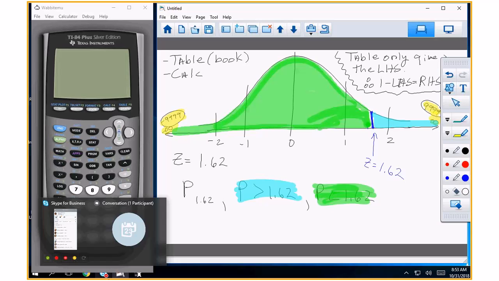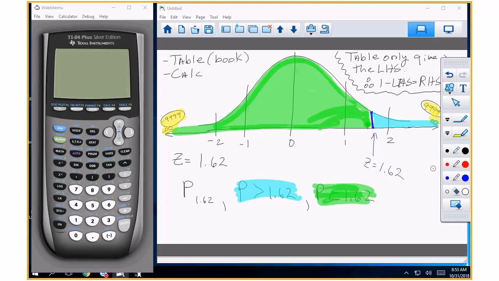So, what do we do next? Well, pick one. Well, we're going to pick the blue side. We're going to find the right-hand side. We're going to find this side right here. So I want to find the area right here. Well, let's go back to the empirical rule, because we want to always use common sense, because if we get an answer that says 257, and our common sense answer says 0.35, then we know we've done something what?